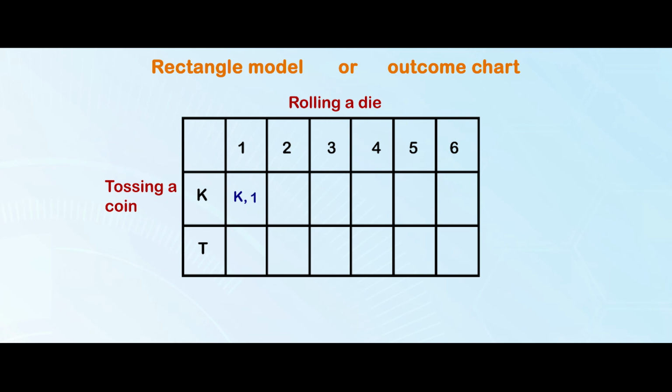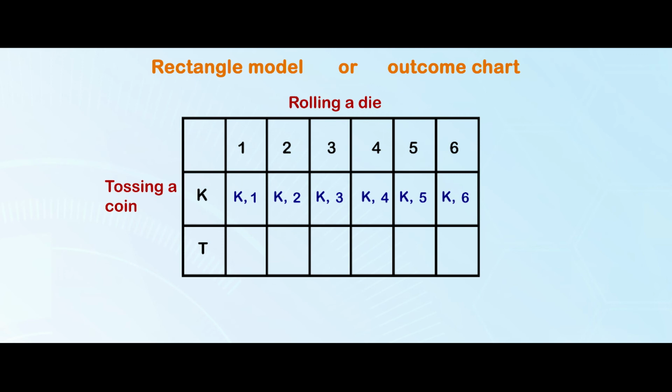You might also get kholo from a coin and 2 from a die. The third possible outcome can be kholo and 3. The fourth one can be kholo and 4. The fifth one is kholo and 5. And the sixth one is kholo and 6.